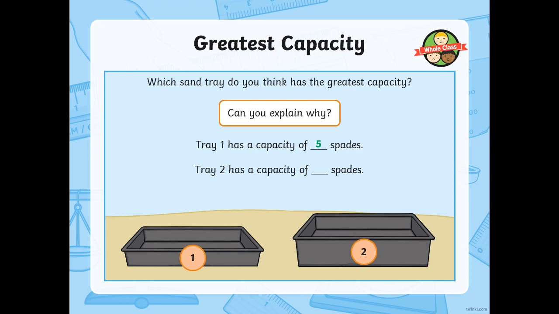Tray 2 has a capacity of 10 spades. Which one has the greatest capacity? Tray 2 has the greatest capacity. Why? Because it has more sand in it. There is more sand because it has a larger capacity.